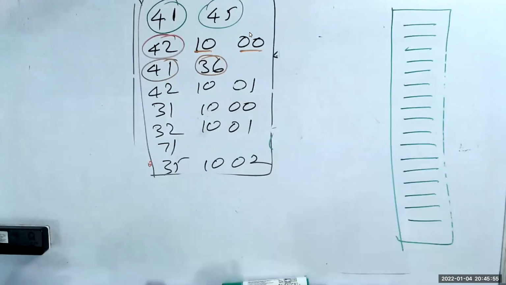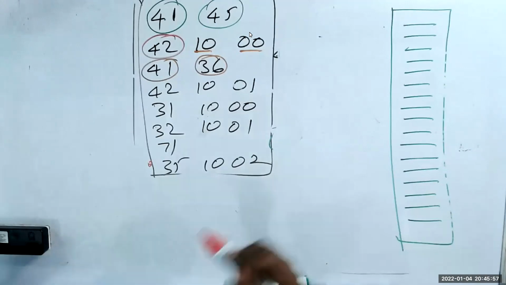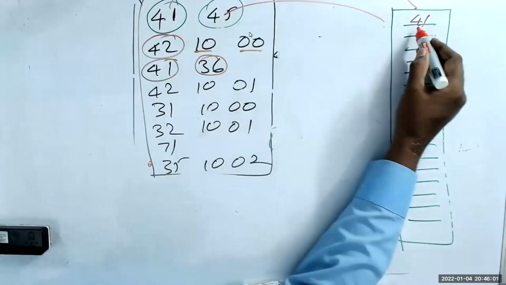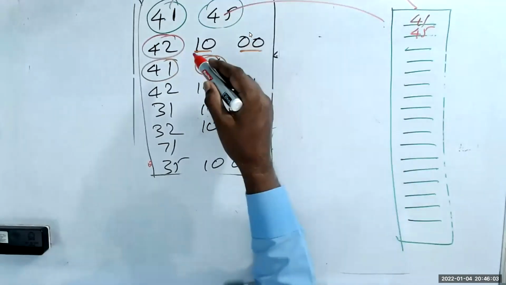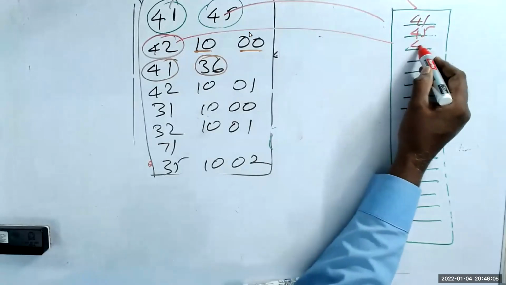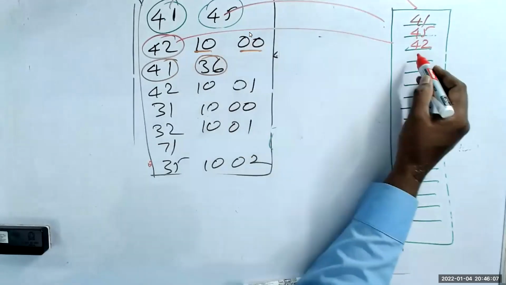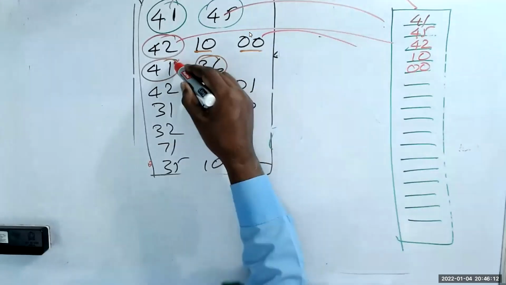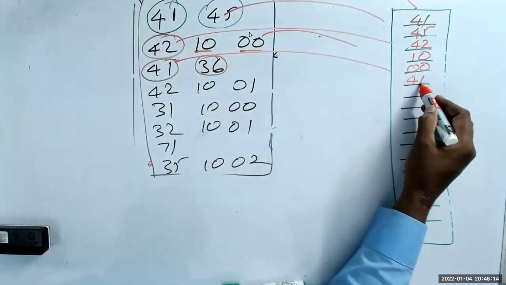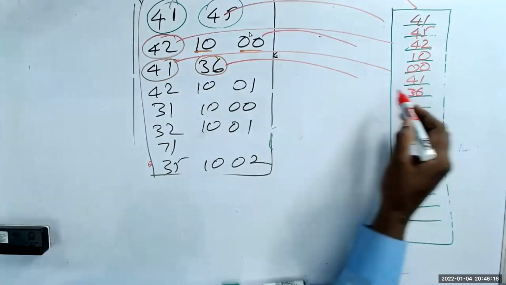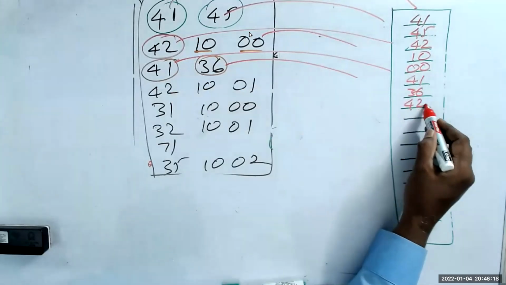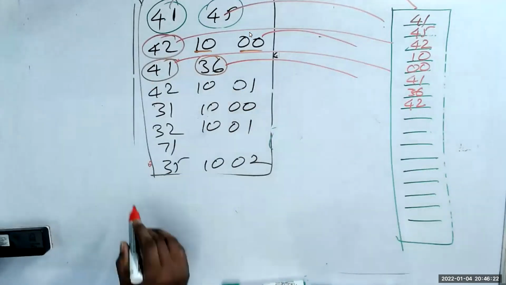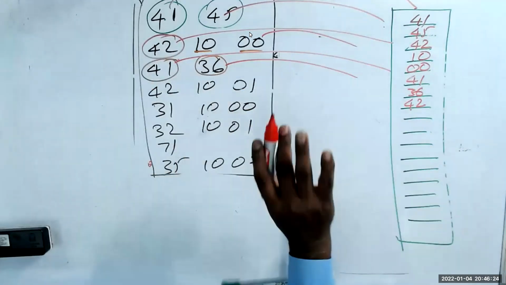Then you write here 41, then 45, then 42, then 10, 00, then 41, 36, then 42. I'll tell you later how this goes to memory; this is happening on my computer, and I'll discuss later how it goes into memory.